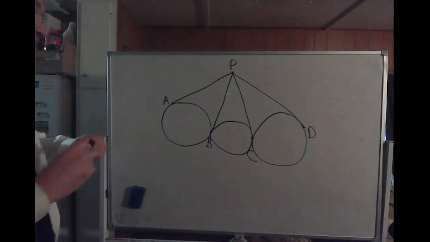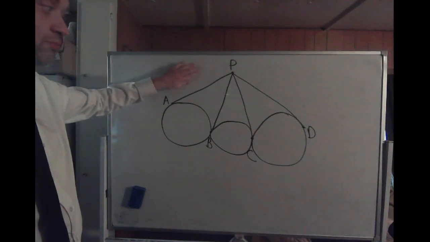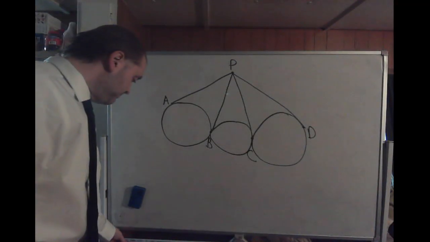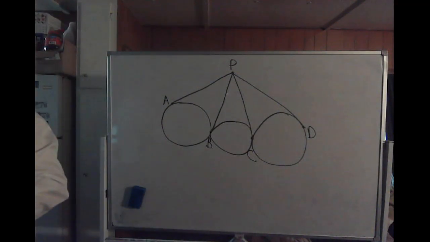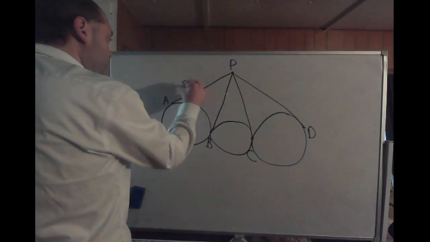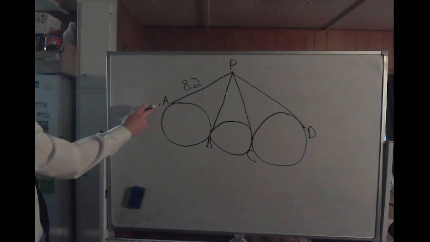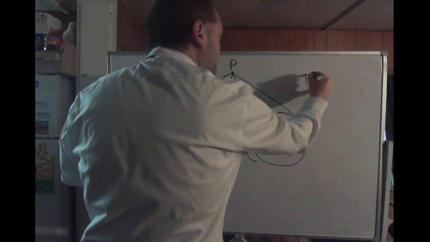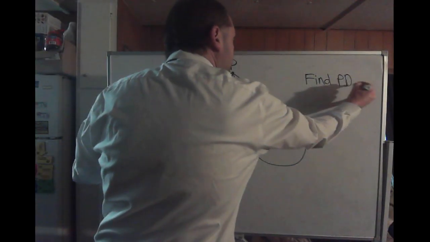Alright, so as you see, we have 4 tangent lines that all originate from a single point. They give us, in this exercise, that tangent line PA has a length of 8.2. We need to find PD.